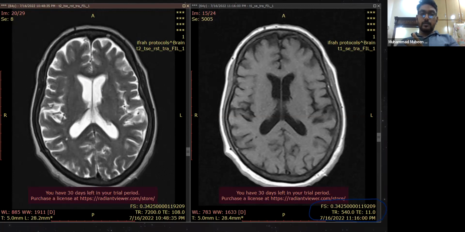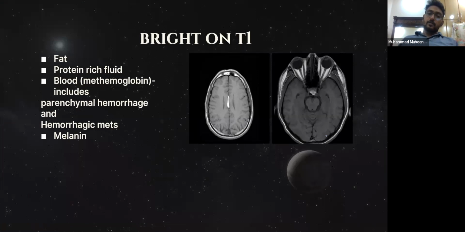On the contrary, on T2 weighted images, you can see the CSF in the ventricle is bright and the white matter is relatively black. So these are T2 weighted images. And you can see the TR and TE times mentioned here. The TR time is really short, but again, nobody has time to look at this in real life, especially when you can easily recognize the sequences by looking at the imaging alone.